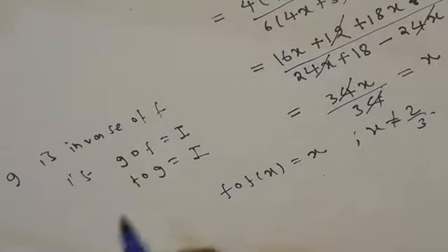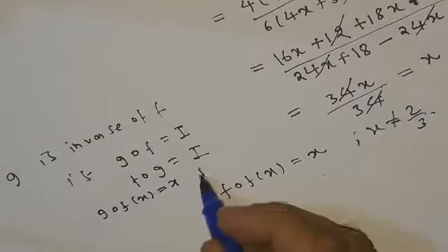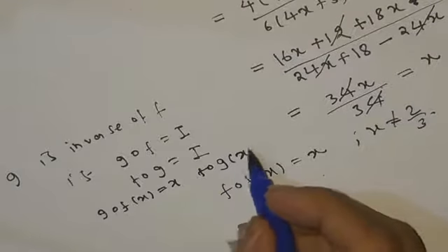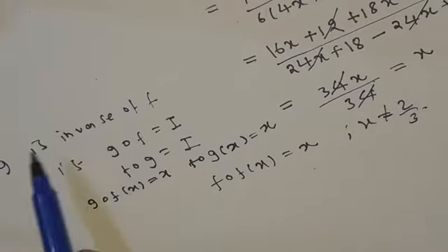So that means g composition f of x is equal to x and f composition g of x is equal to x. Okay, this you have studied.